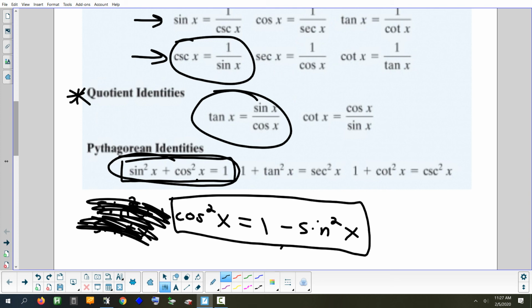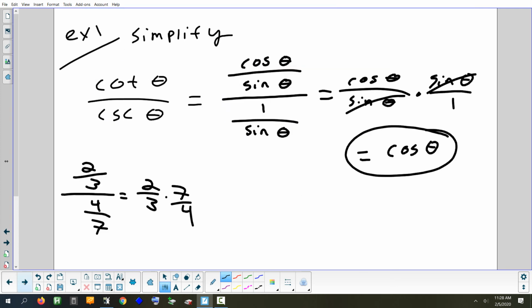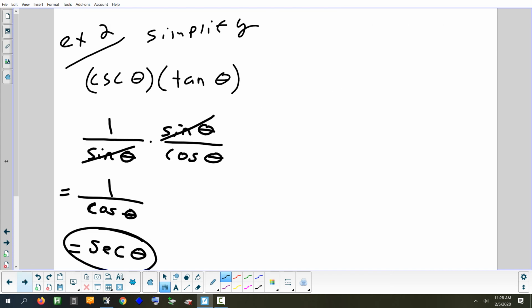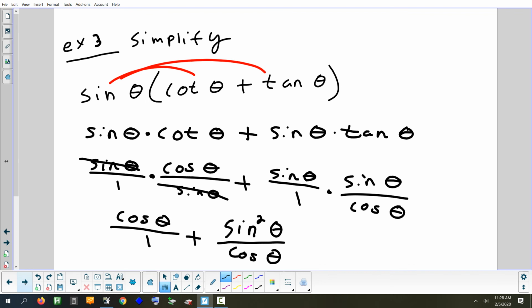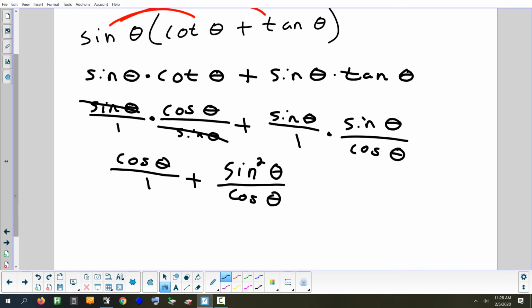So if I get a cosine squared to pop up somewhere, then I know I should definitely be thinking about this one. But I have a sine squared right now. Let's see if cosine squared pops up with it in a second. Okay, so we've changed everything to sines and cosines, so that trick is done. What's my next trick that I could use here that we just learned?